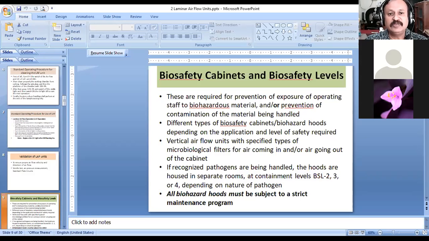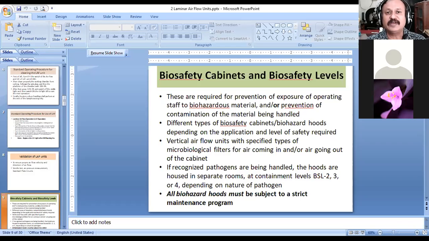Let us come to what I have written here, BSL, that is biosafety level number 1. So this is an ordinary kind of setting, ordinary routine microbiology practice, where minimal protection is required. It is especially when we know that whatever cultures we are handling in the laboratory are not going to be pathogenic.